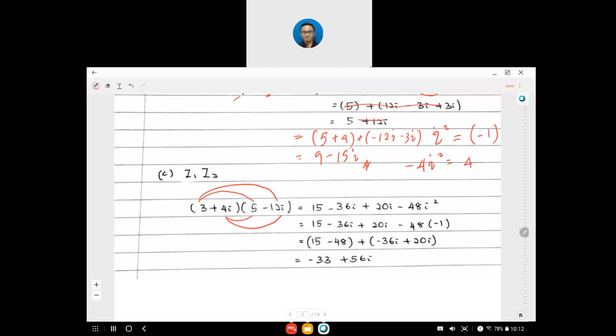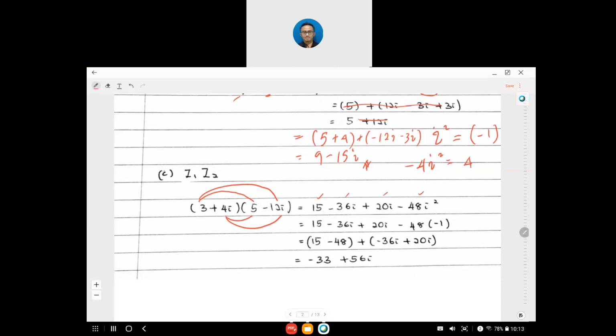Okay, expand: 3 times 5, 15. Okay, 3 times 12i, negative 36i. And then 4i times by 5, plus 20i. And then 4i times by negative 12i, negative 48i square.